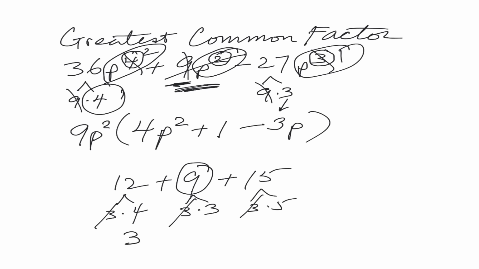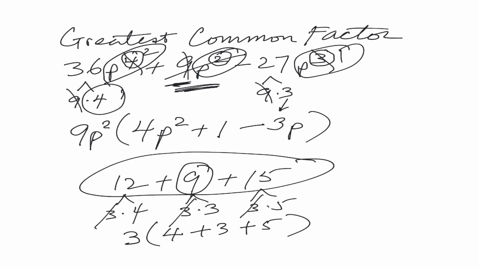So it's going to be 3, and it's going to be 4 plus 3 plus 5. So to factor this out, this is the factor form.